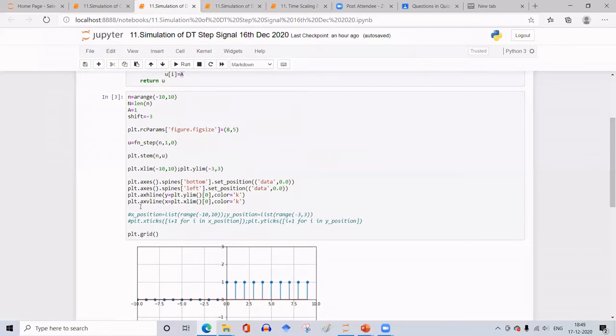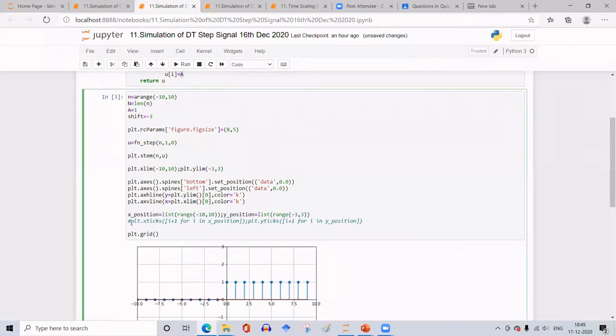So for that, we are using these 2 commands. One defines the x position and y position. X position is a list which ranges from -10 to +10. And y position is also a list which ranges from -3 to +3 in steps of 1.